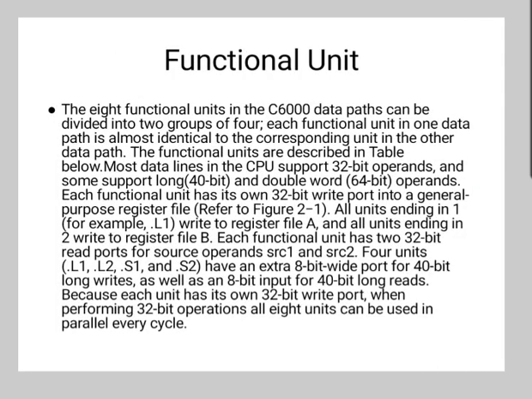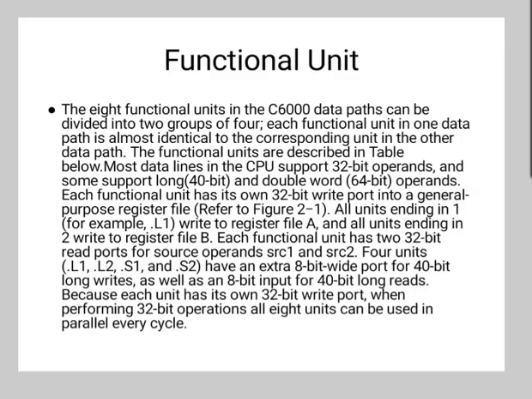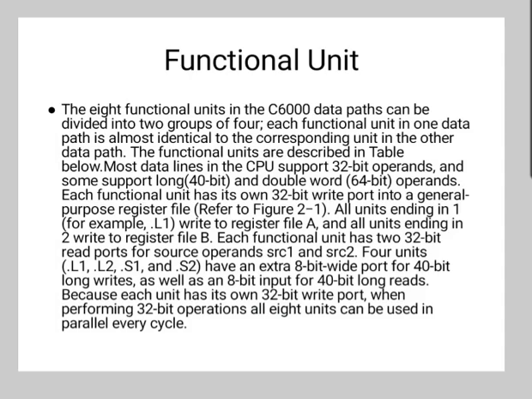Most data lines in the CPU support a 32-bit operand, and some support long 40-bit. Each functional unit has its own 32-bit write port into a general purpose register file.